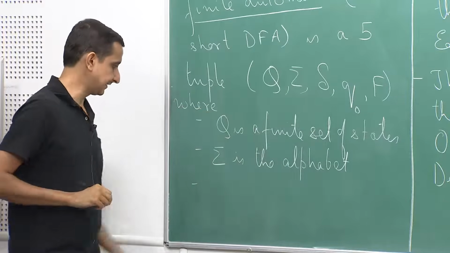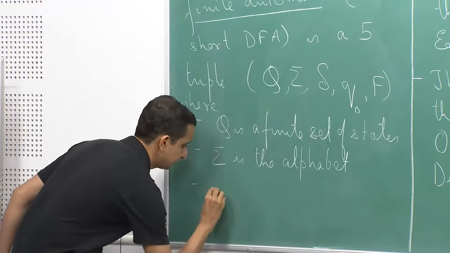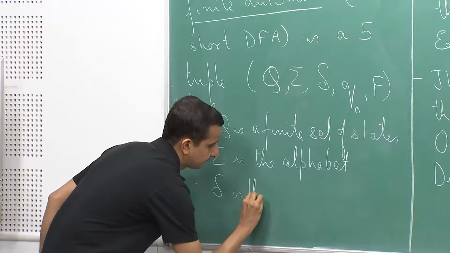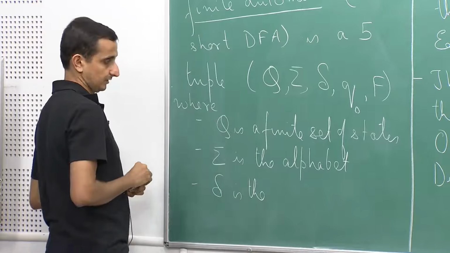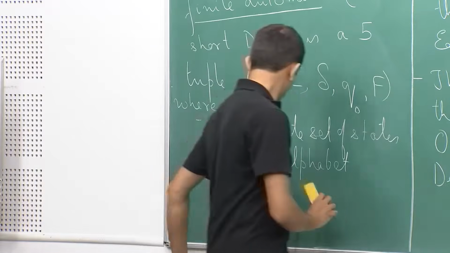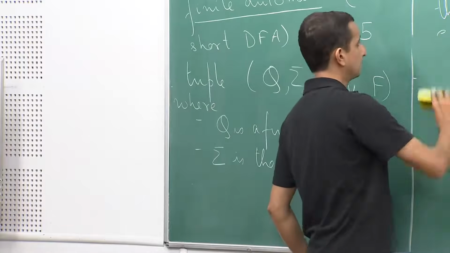This small delta is what is known as the transition function. So delta is the, let me just write it over here.